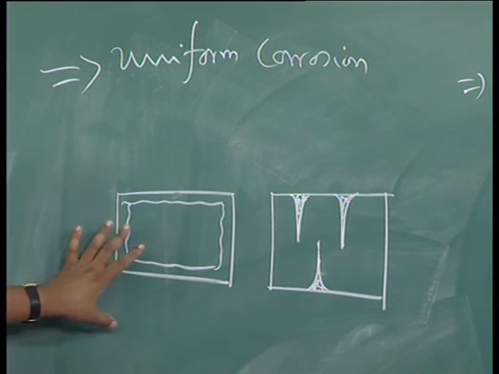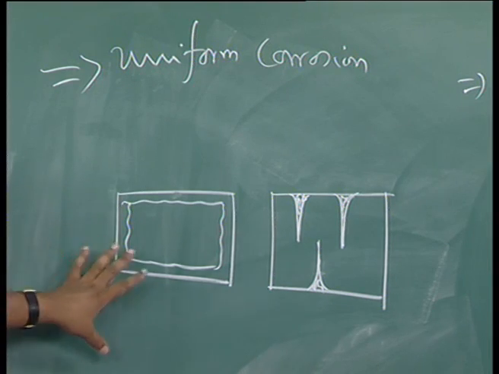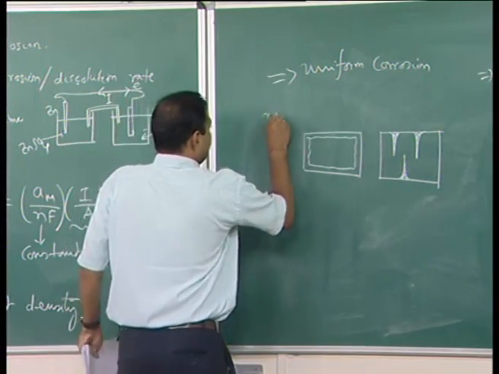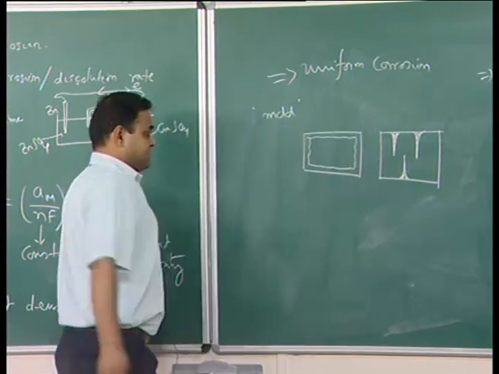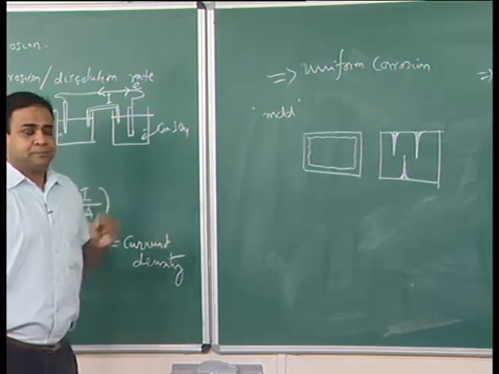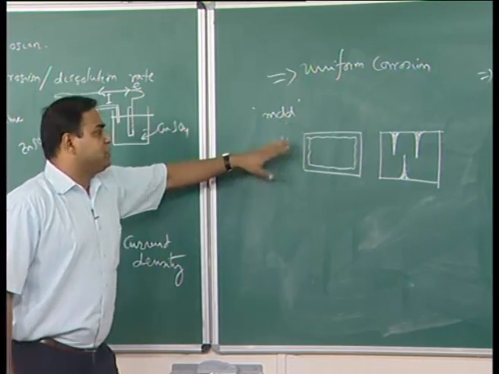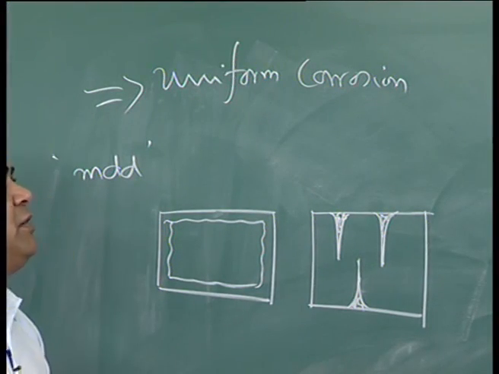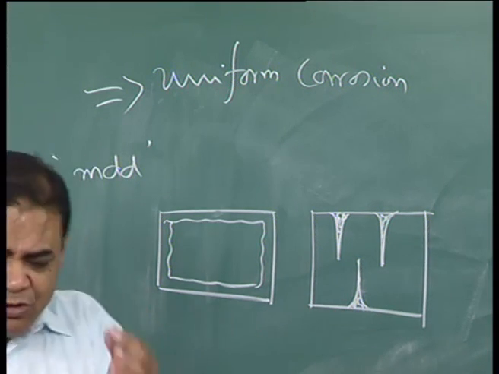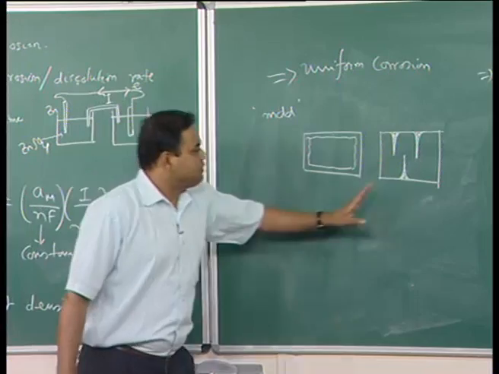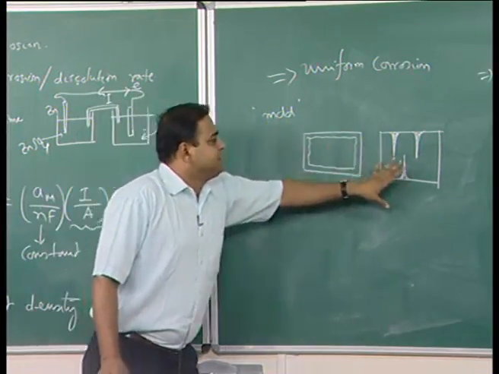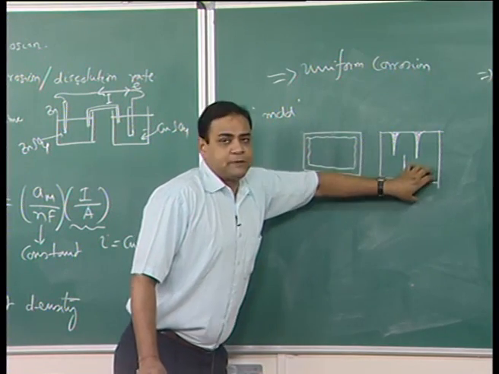So, if we would like to understand the corrosion rate expression for these, in the uniform case I determine the corrosion rate in the form of MDD. That will be fine, because corrosion is happening throughout the section and the overall exposed area. But in this case, only a few localized regions are experiencing corrosion, so this mode will not be proper.